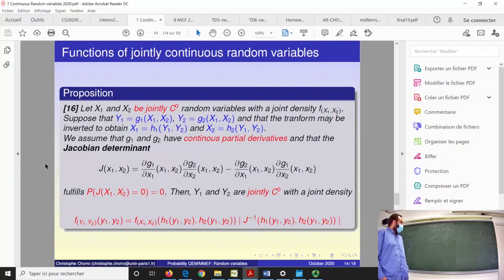Okay, so now I have my problem that is well posed. Now I just have to check that I have the right to use this. So I have to be able to invert G1 and G2. So that is, if I consider this system here, I have to be able to express it this way.